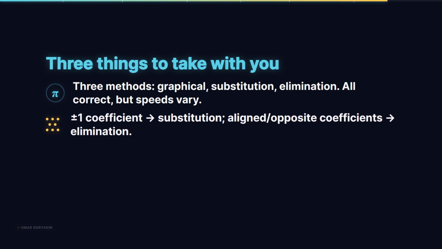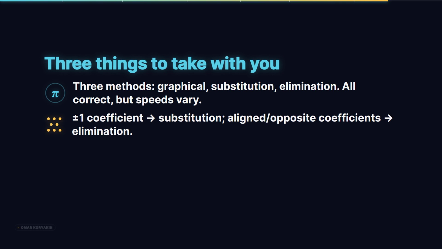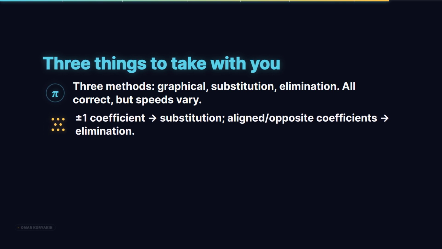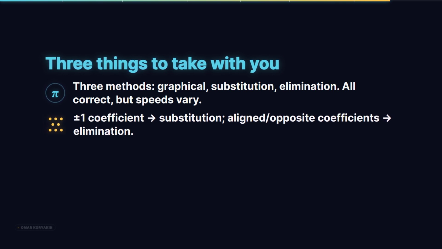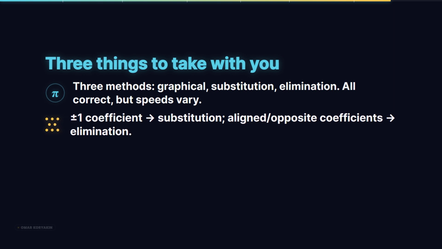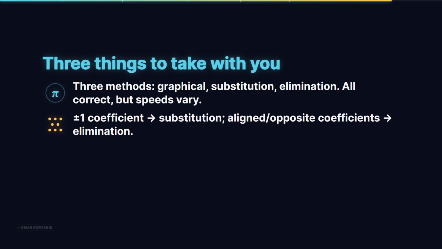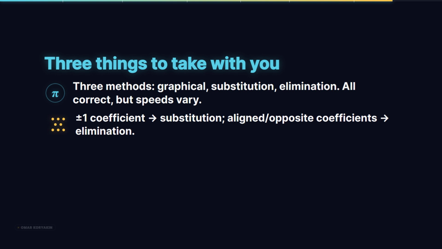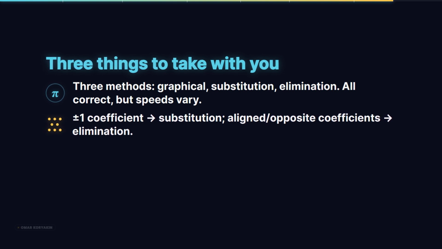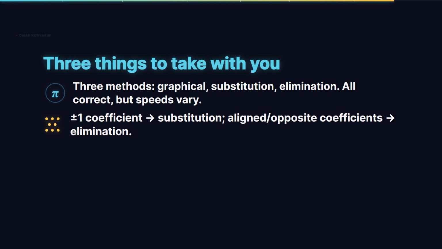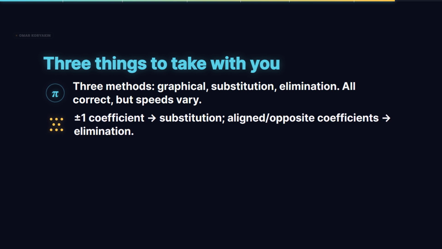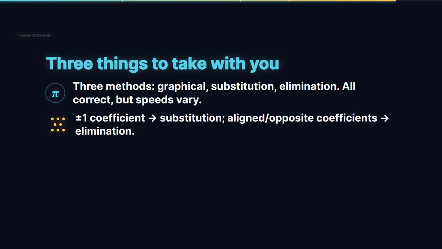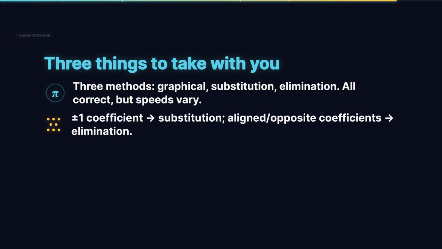If both equations have integer coefficients greater than 1 and the variable coefficients align directly across the 2 equations or align easily through a small multiplication step, elimination is usually the fastest method because it avoids the fraction handling that substitution forces. The graphical method is the third option for visual or approximate work.